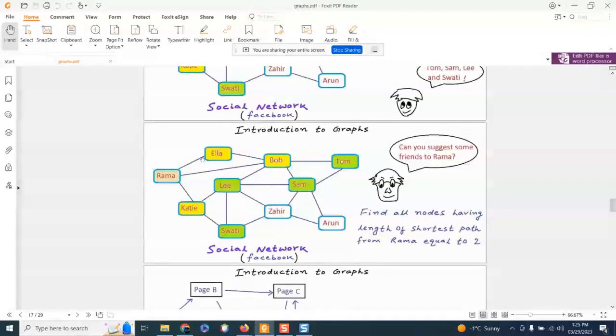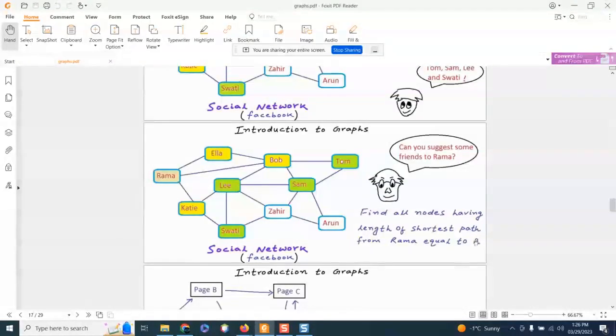For example, Rama is connected directly on social media with Ela, Bob, and Katie, which we already know. Now, if I say the shortest path of 2, let me highlight what those could be. In the picture here, this is the shortest distance of 1, which is highlighted in yellow.